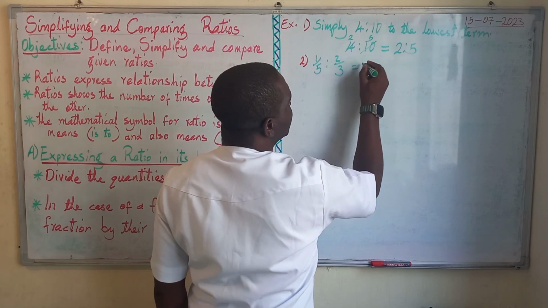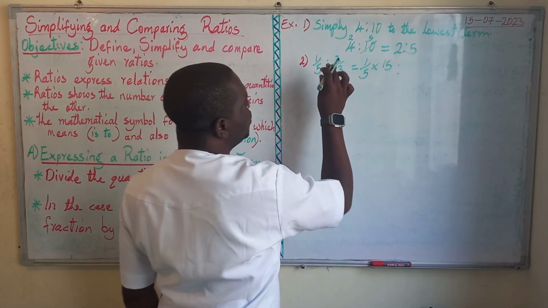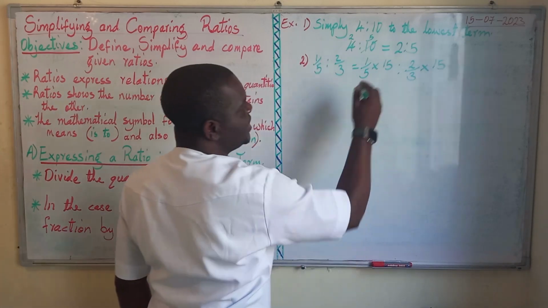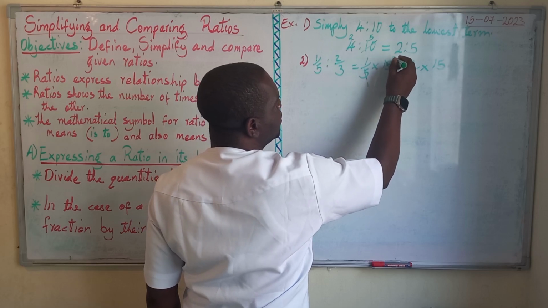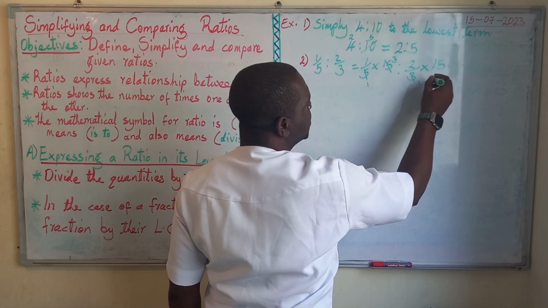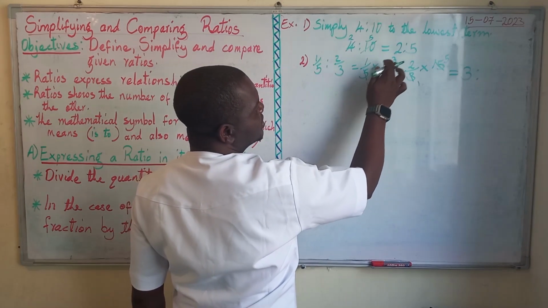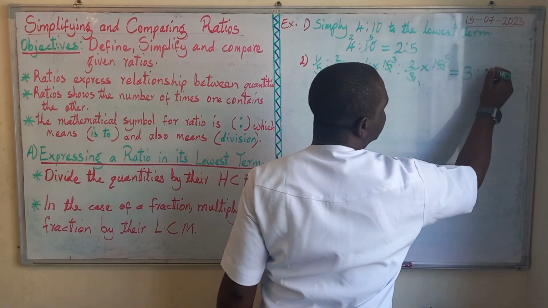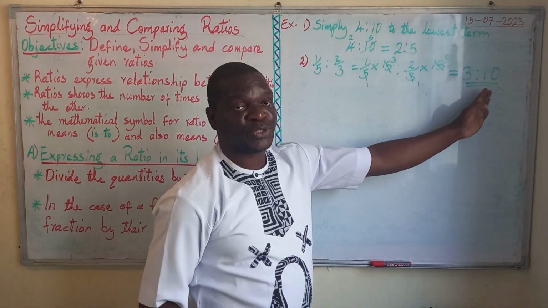So we take 1/5 and multiply by 15 is to 2/3 multiplied by 15. Here we can simplify: 5 into 5 one time, 5 into 15 3 times; 3 into 3 one time, 3 into 15 5 times. And 1 times 3 is 3, and 2 times 5 gives us 10. So our answer in this case is 3:10.